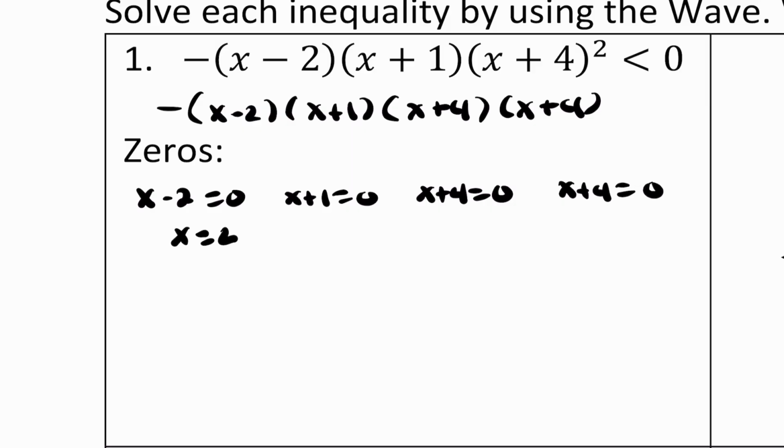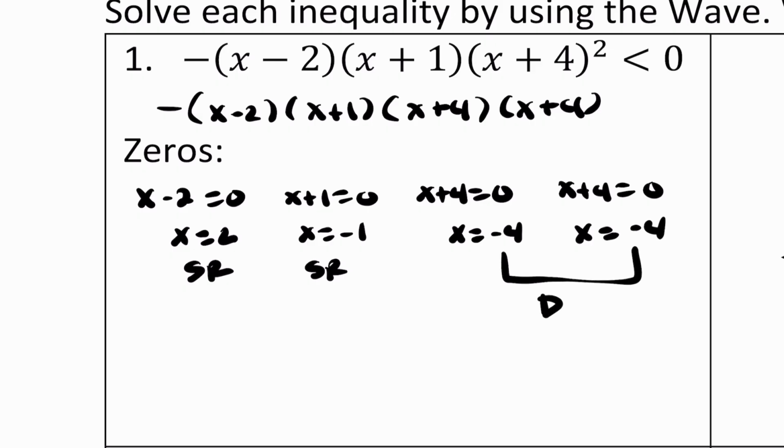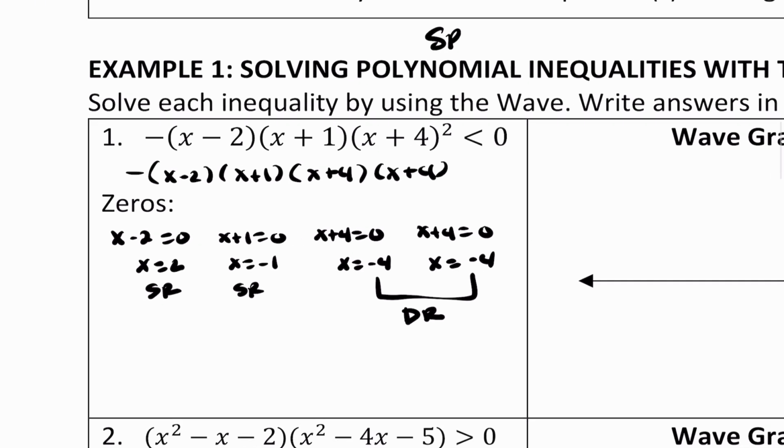So x equals 2, that's a single root. x equals negative 1, that's a single root. And then here we have x plus 4 equal to 0 two times. So we have x equals negative 4 and x equals negative 4. So that's a double root. So with my single roots, we cross the x-axis.